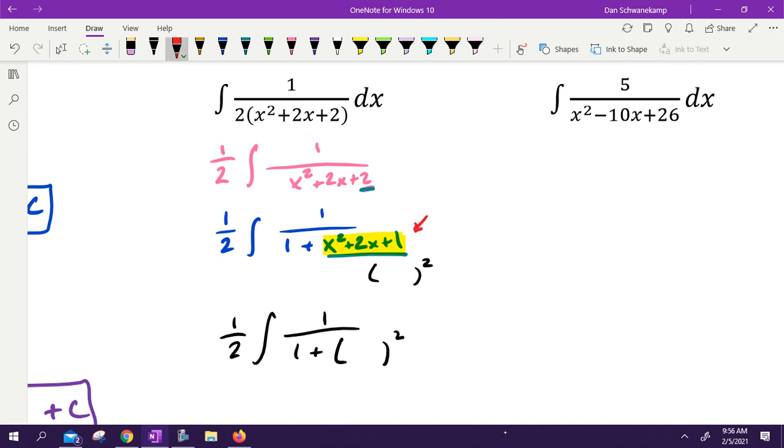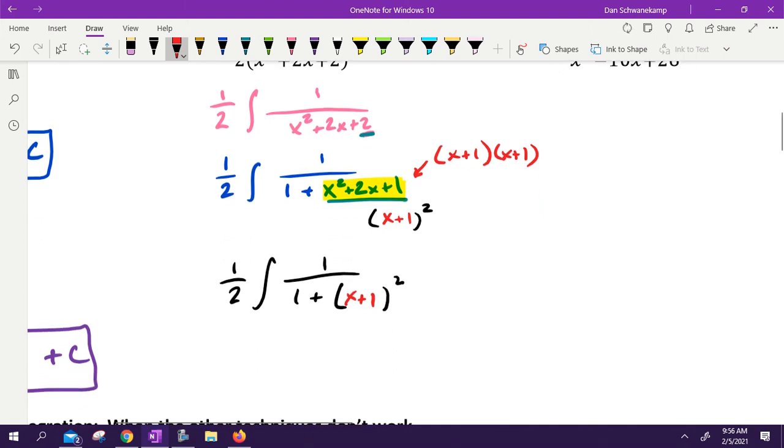We factor trinomials. How would that factor into? It would factor into x plus 1 and x plus 1. Because x plus 1 times x plus 1 gets me x squared. If I add 1 and 1, that gets me 2x. If I multiply 1 and 1, that gets me 1. So if I've got two of those, x plus 1 times x plus 1, that is x plus 1 squared. Now is it an arctangent problem?